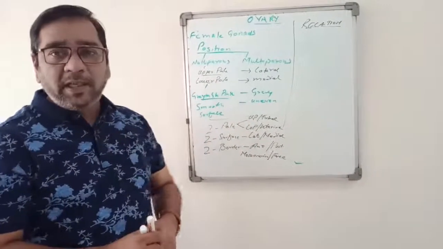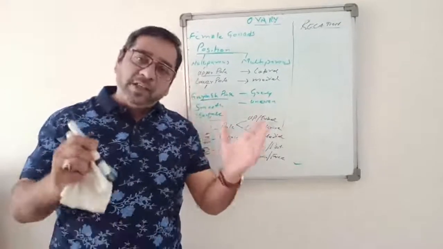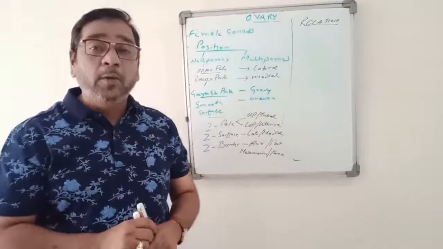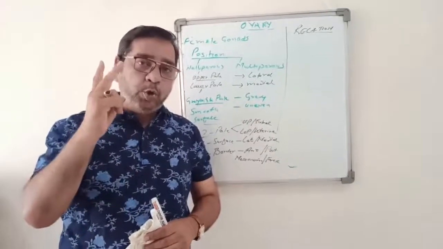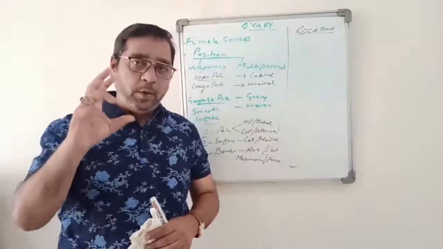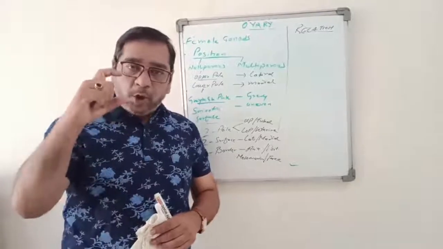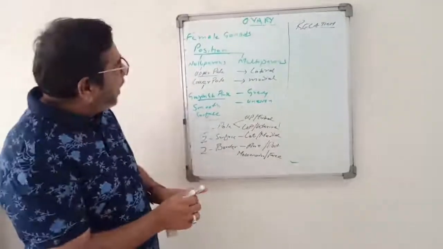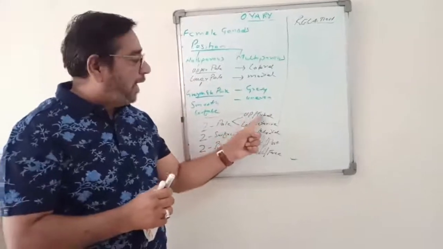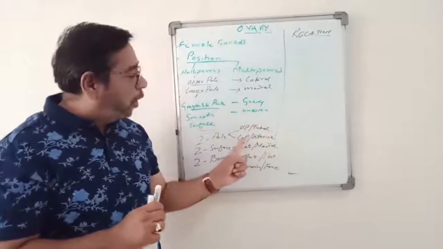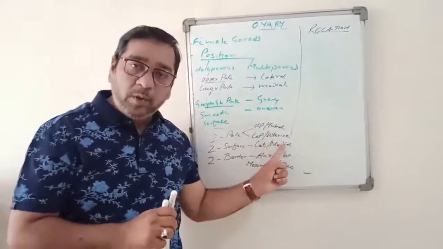Most importantly, when you talk about the external features of the ovaries, you have two borders, two poles and two surfaces. The two poles are the upper and lower, which we call the upper pole as the tubal pole and the lower pole as the uterine pole.